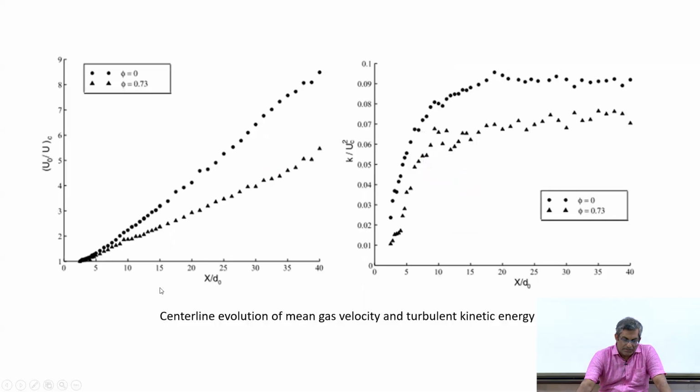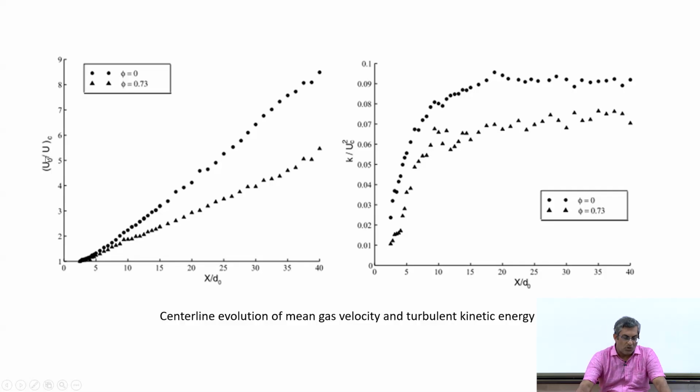And this slide shows how the mean gas velocity and the turbulent kinetic energy vary along the center line of the jet, with and without particles. You can note here that they are plotting the inverse of the mean gas velocity, where u naught is the velocity of the flow at the exit of the injector.